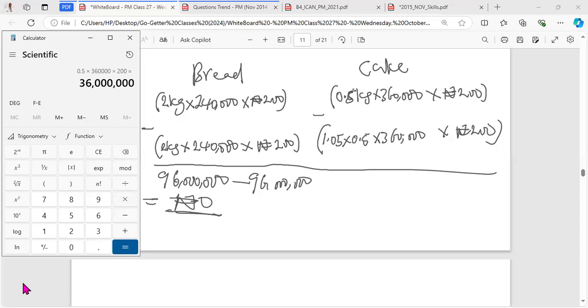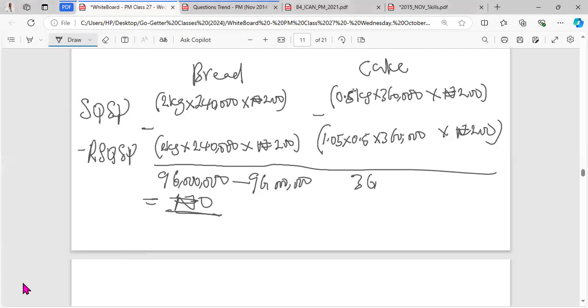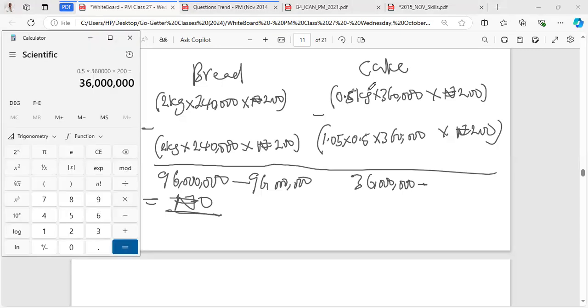So this is 36 million. Now I'll do something funny here again. The difference between this one up here and this one down is the multiplication of 1.05. So I'll just say multiplied by 1.05. That will give me the next one, 37,800.